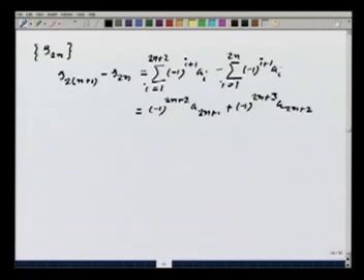These are the terms which remain. That means what I get is a_{2n+1} minus a_{2n+2}.